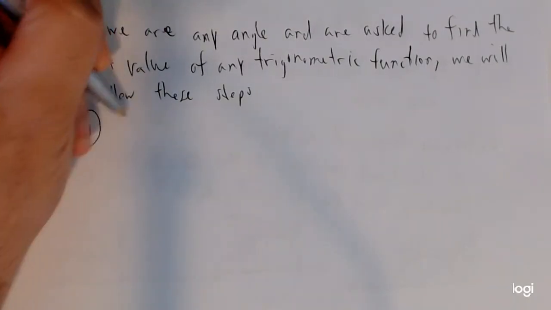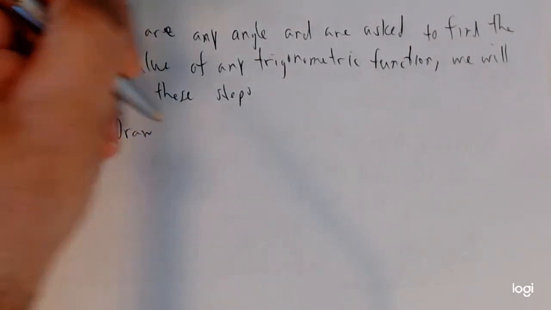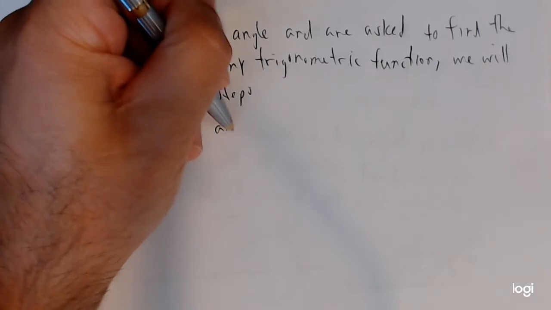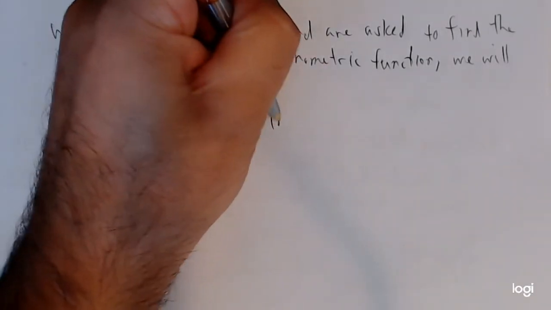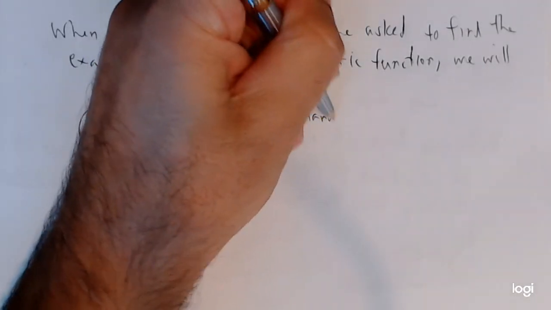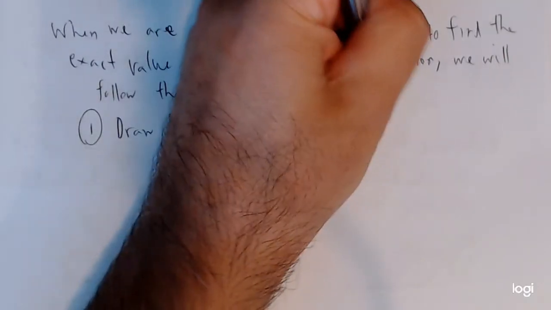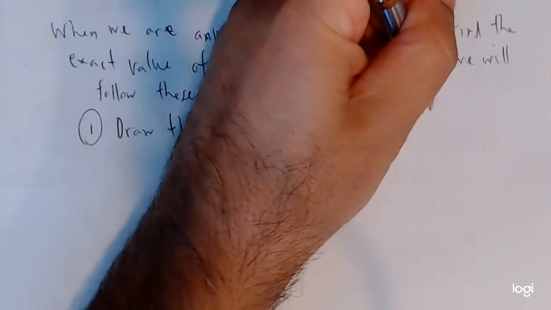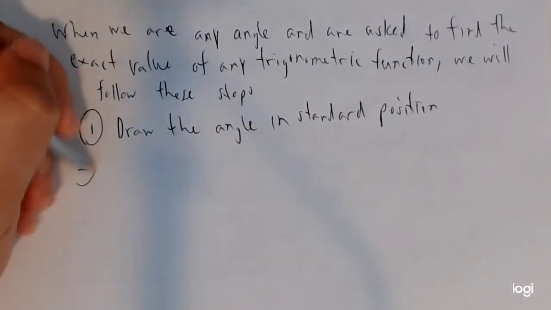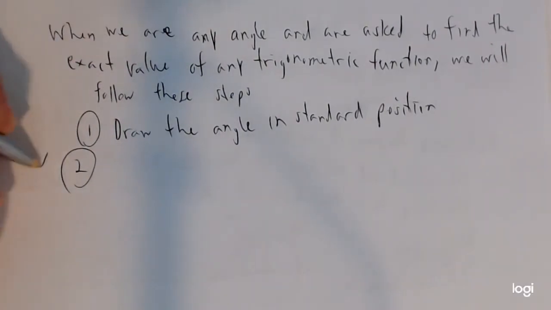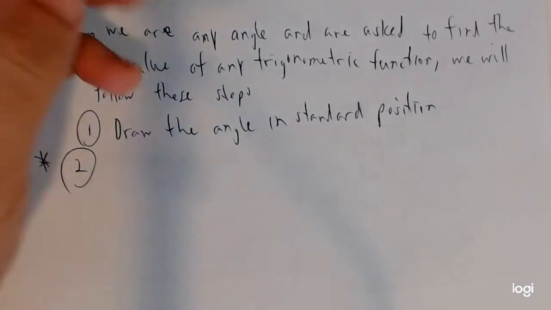The first thing we're going to do is draw the angle in standard position. None of this is new, and now the second step is the updated one. If you look at your older notes, you'll see the second step is missing.